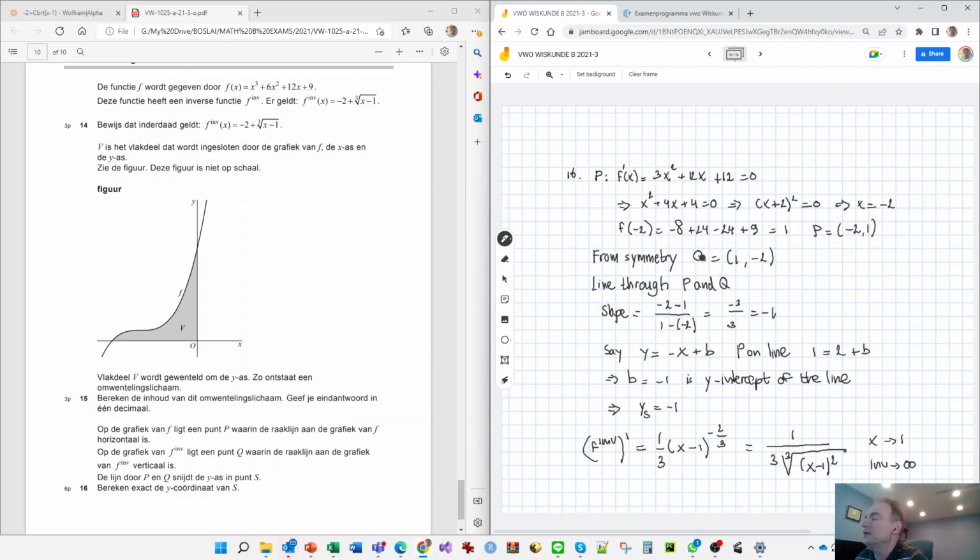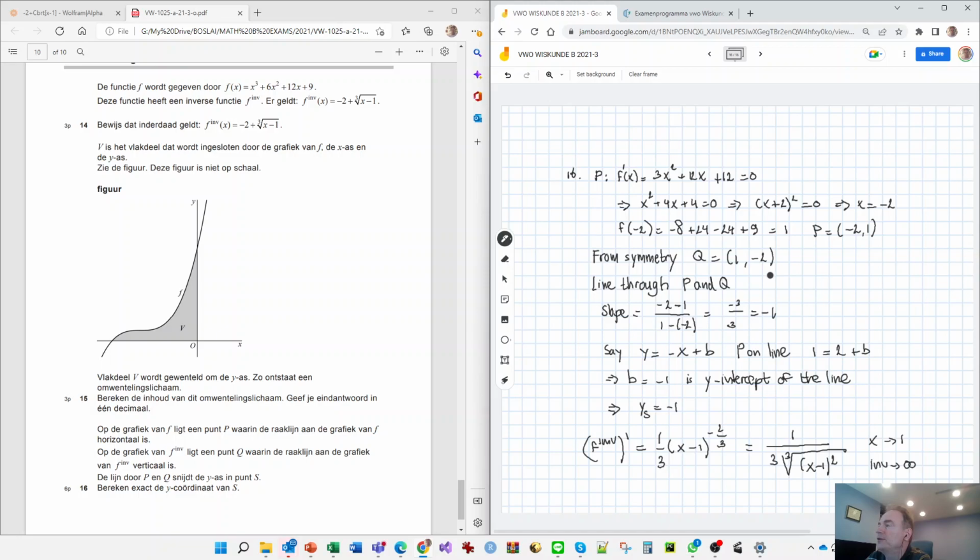So now you should substitute x in the function, then it's minus 2. So yeah, this is the right point. Now we need to intersect with the y-axis, so find the line.